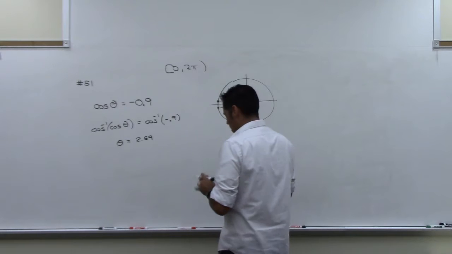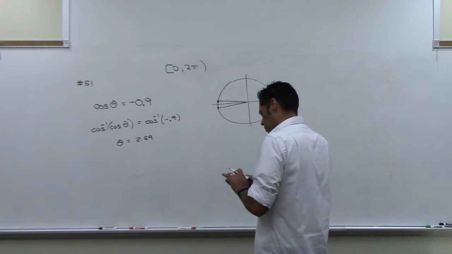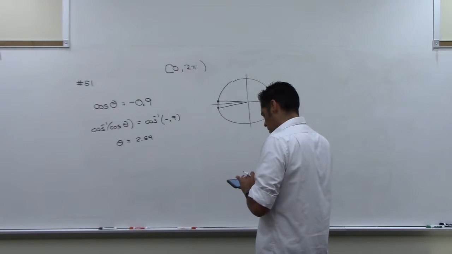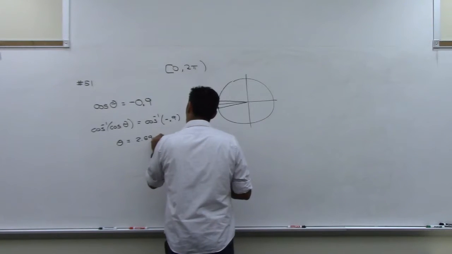Now I'm going to switch to degree mode and do the same thing. Arc cosine of negative 0.9.